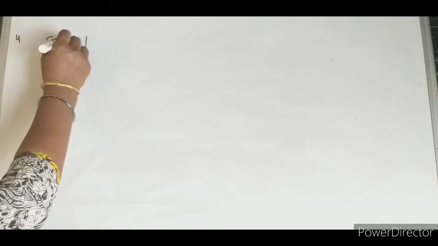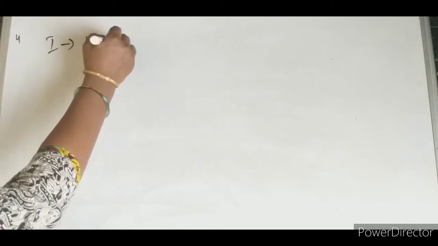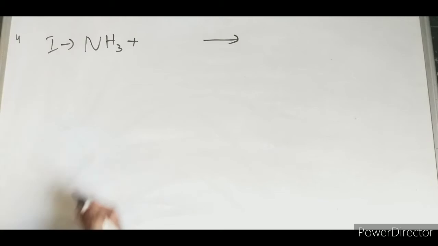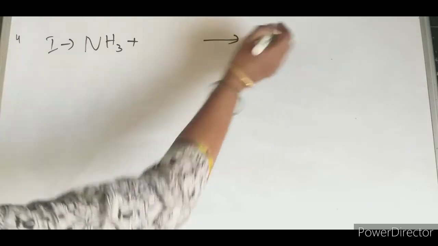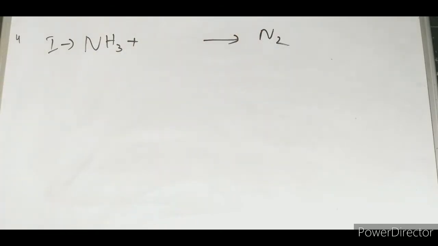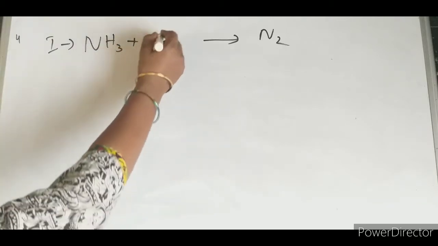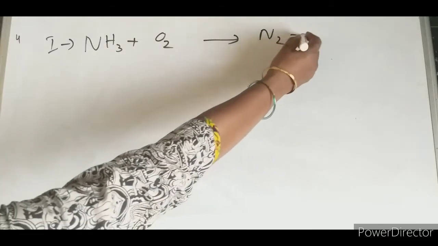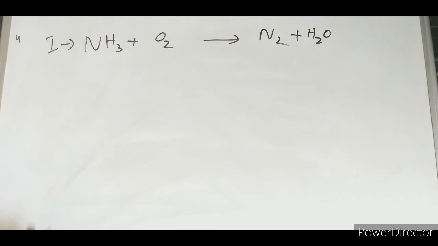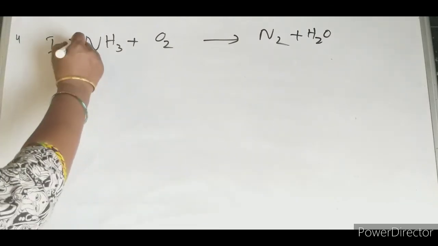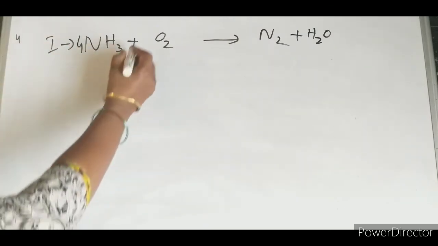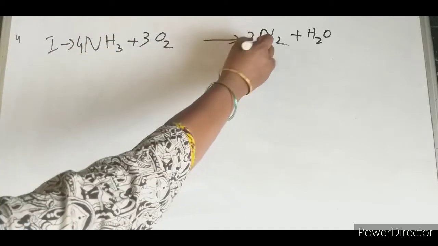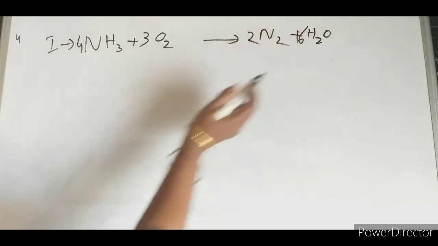Now let us go for I bit. It tells that from ammonia, something should be added to it so that it will be nitrogen. This one can be done in 2-3 ways. Here ammonia with plain oxygen, means without catalyst, can give nitrogen along with water. This one can be 4 ammonia, 3 oxygen, 2 nitrogen, 6 water.